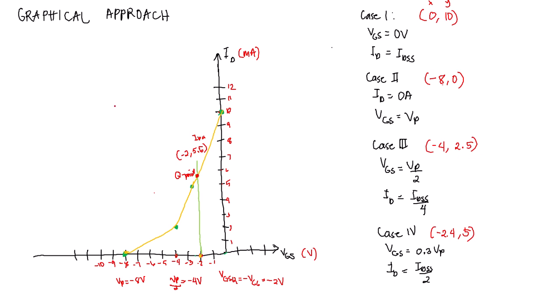Again, our VGSQ is equal to negative VGG, which is equal to negative 2 volts as shown here.